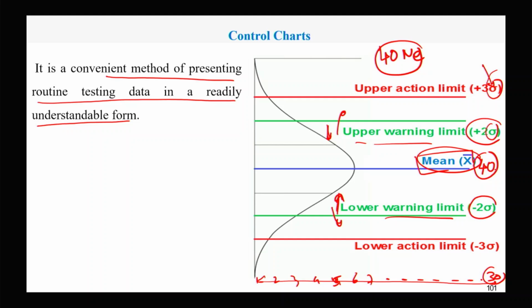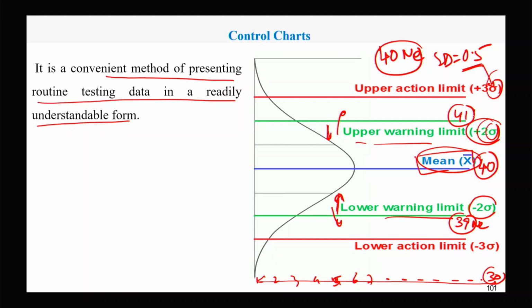Like 40 is the count, so let us consider that the nominal or acceptable standard deviation is, say, 0.5. So the plus 2 sigma limit will be 41, and here it will be 39.